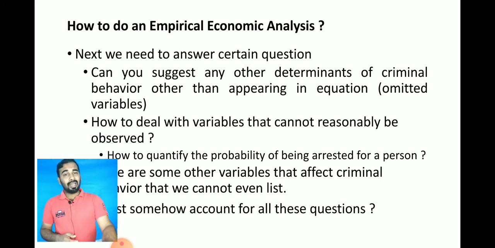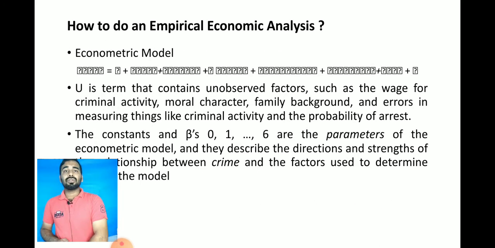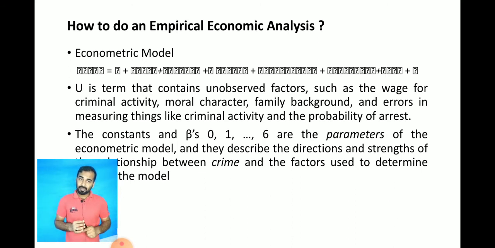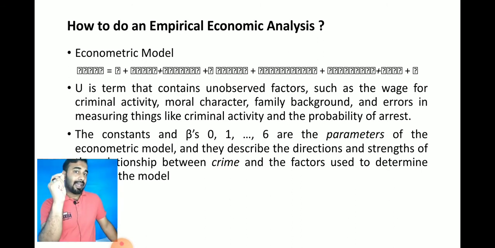Okay, so what we have to do is prepare an econometric model. In an econometric model, we have to put in error terms, or what we call random error terms. So what would the equation be?